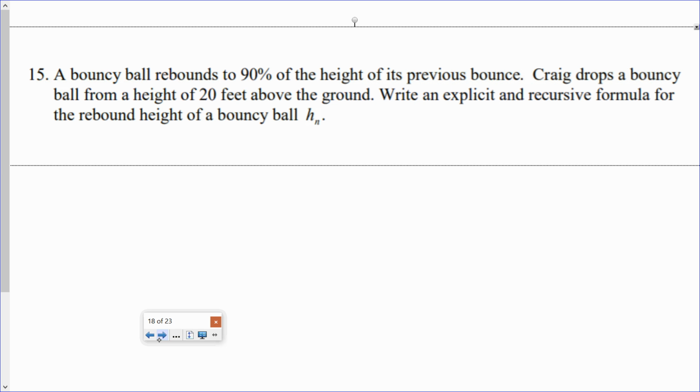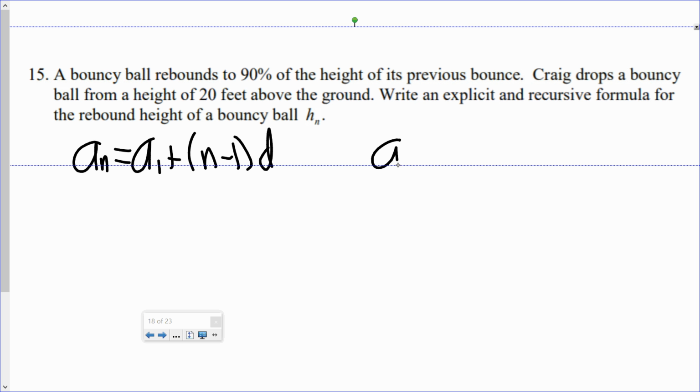So let's look at our explicit formulas again. We have an equals a1 plus n minus 1 times d, and we have an equals a1 r to the n minus 1. Both of these formulas deal with a1.